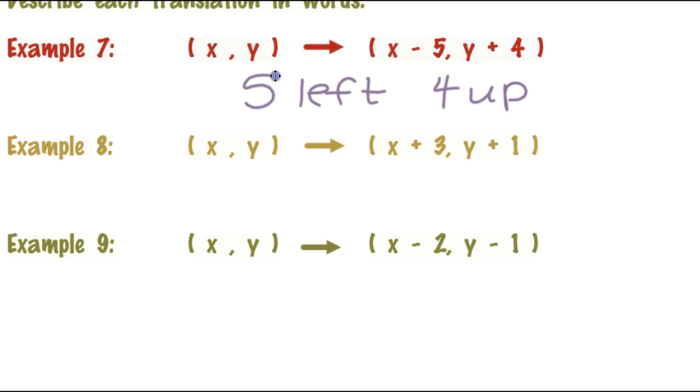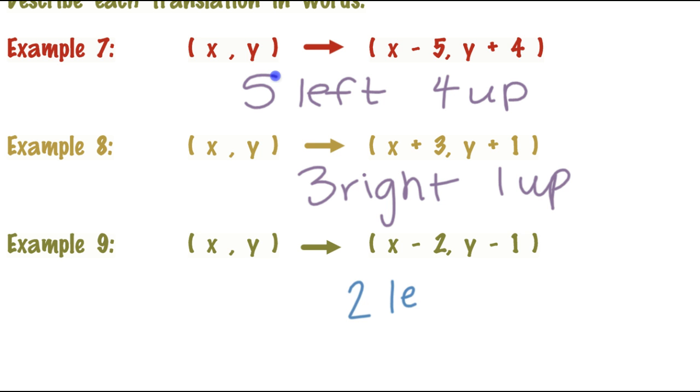Ava, what about the second one? 3 units right and 1 up. Nice. We like this unit? Easy? Dimitri, number 9. 2 units left and 1 unit up. Perfect. I'm going to move on because I think we got it. We're great. Okay.